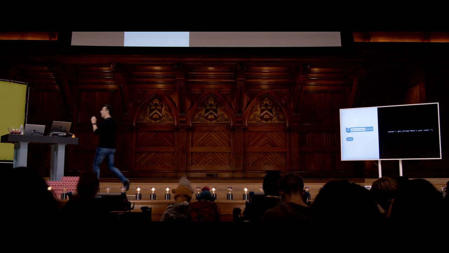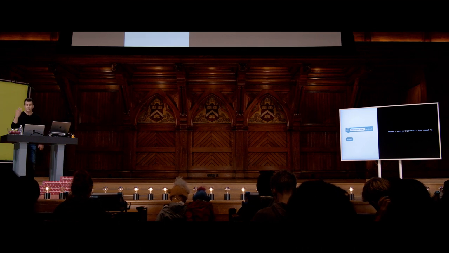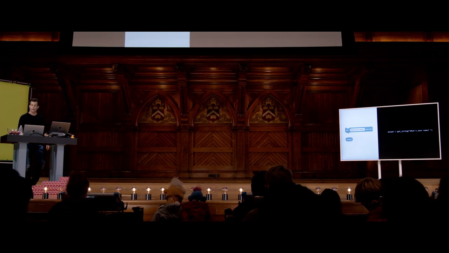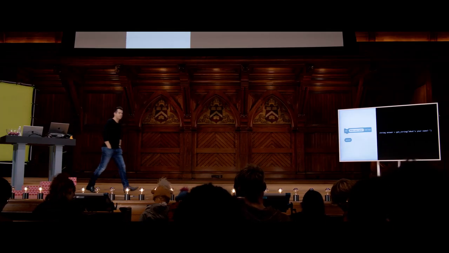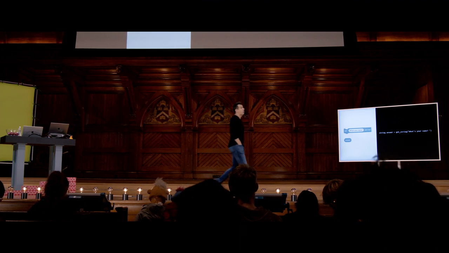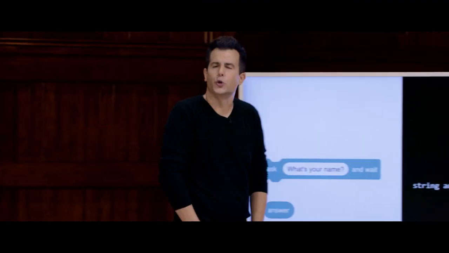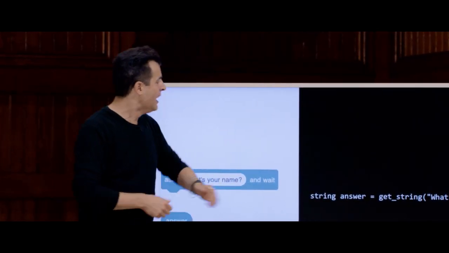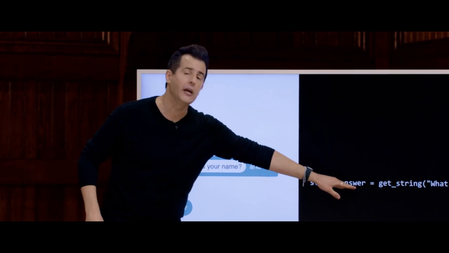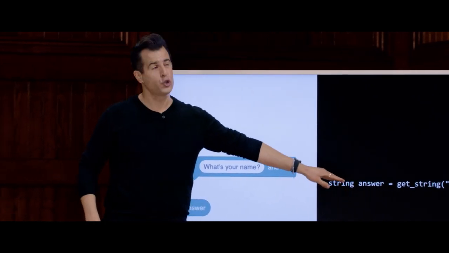And those of you who have programmed before might not be used to this, for instance, in Python, which is a world we'll get to in a few weeks. You also have to tell C what type of value you're storing. So if I do want a string of text from the user, so not an integer, not a single character, I want a whole string of text, like a phrase, a sentence, a name in this case, I have to tell C that this variable is of type string.